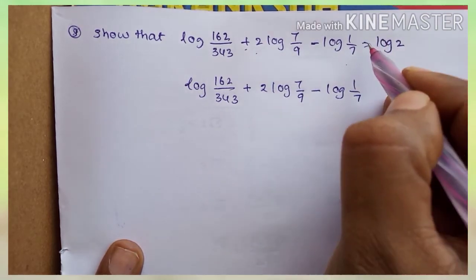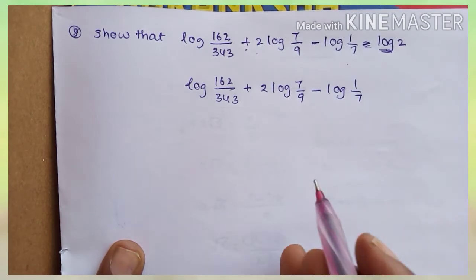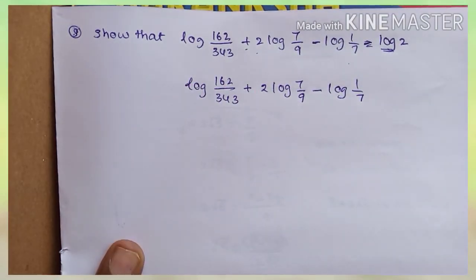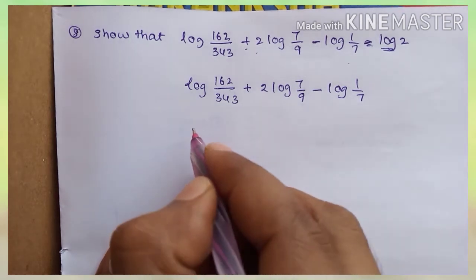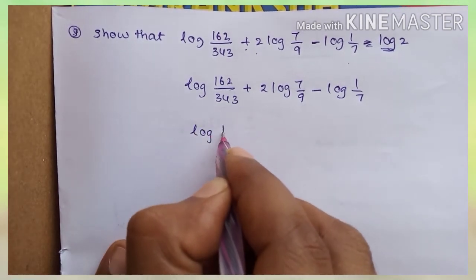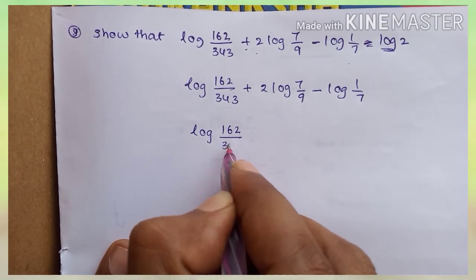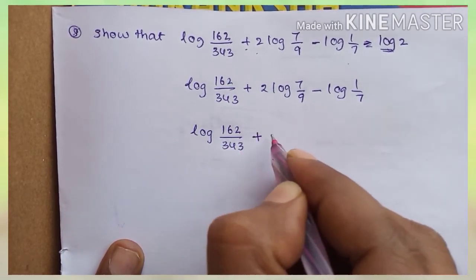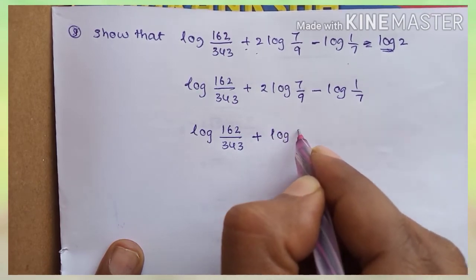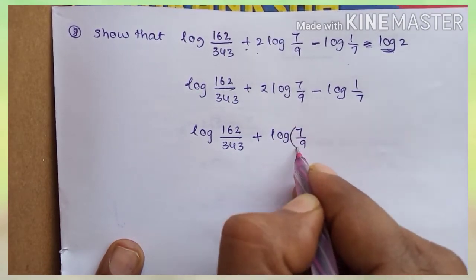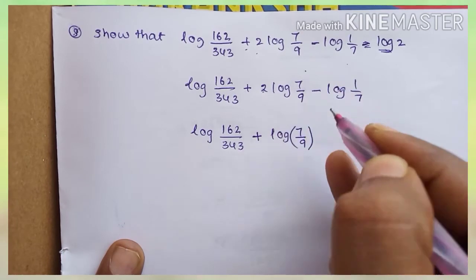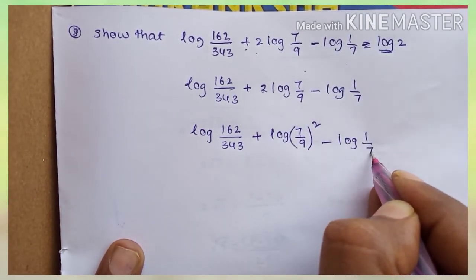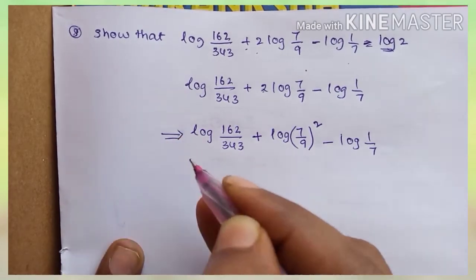The requirement is a single log. If you want to write a single log, the coefficient terms should be written in the power. So logarithm of 162 by 343 stays the same, because there is no power, plus logarithm of 7 by 9 whole to the power 2, minus logarithm of 1 by 7, since there is no coefficient, isn't it?